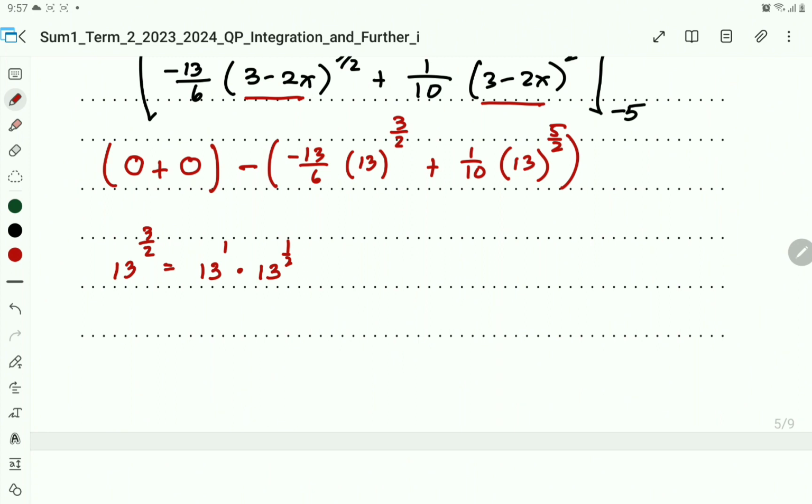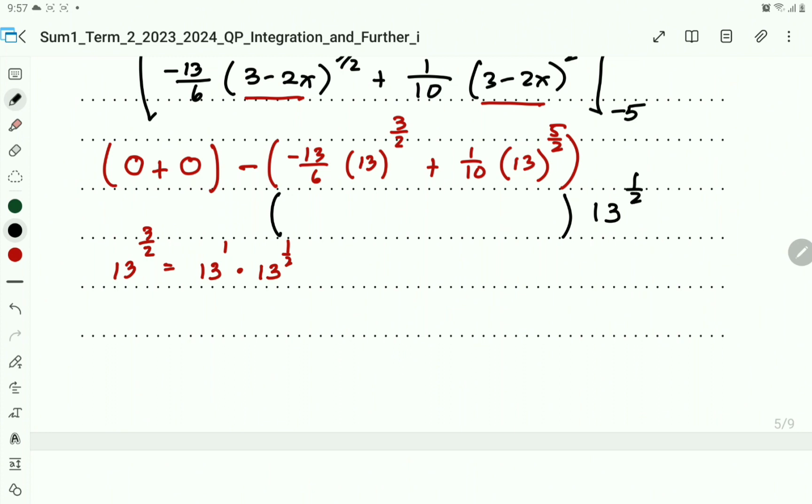Since we want it in that form, let's factor the 13 to the 1/2. Okay, let's do that one.